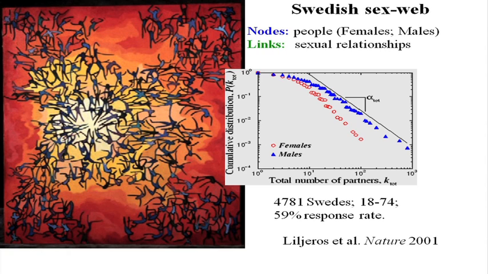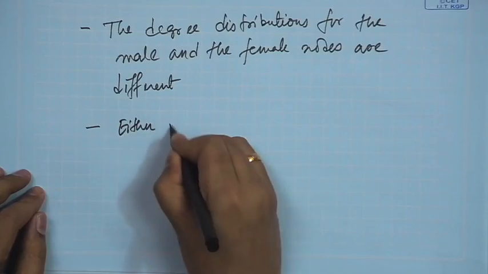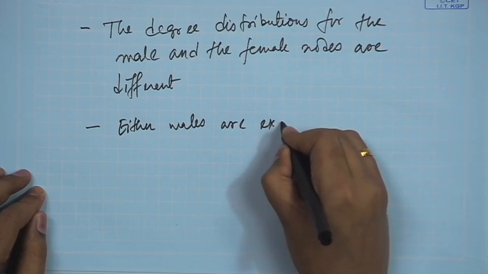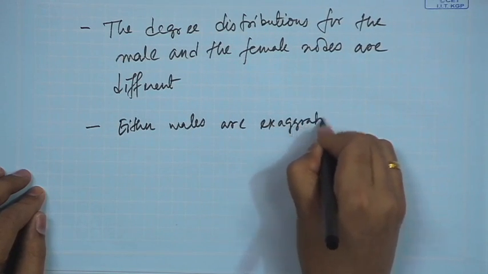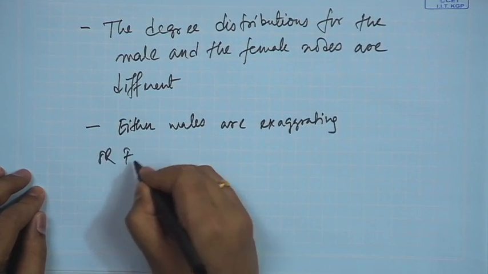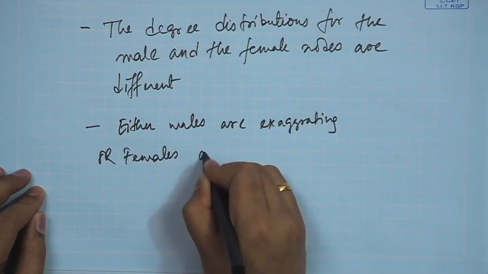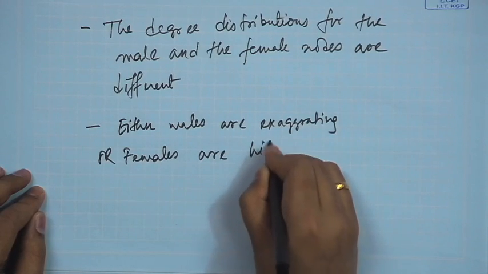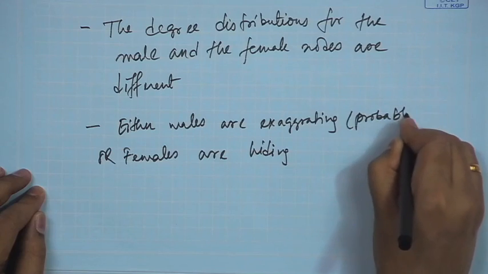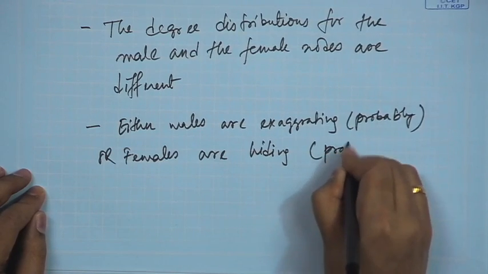So, what is the construction problem? Either males are probably exaggerating or females are hiding, or both probably. We do not know which one of these is true, but one of them is definitely happening.